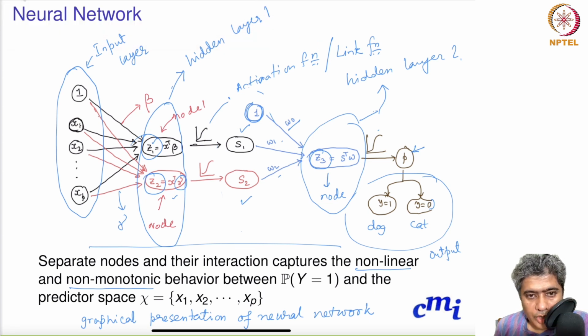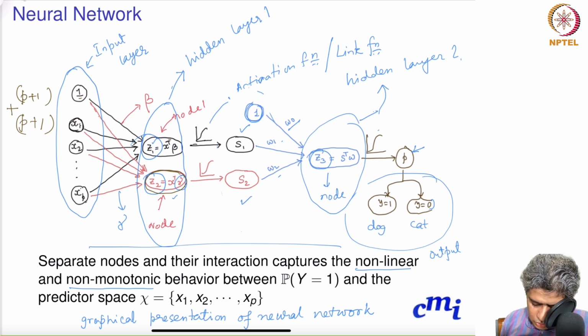I hope you figured it out. Let me tell you. Here you have 2 nodes. From node 1 you have p plus 1 parameters because you have p features and an intercept. From node 2 you also have p plus 1. So p plus 1 plus p plus 1.